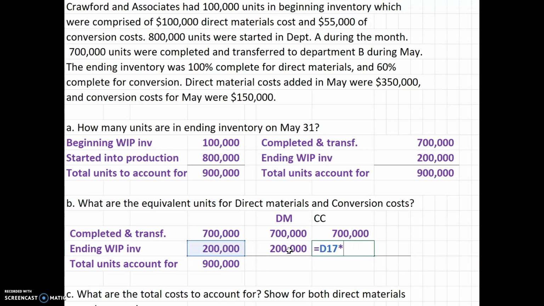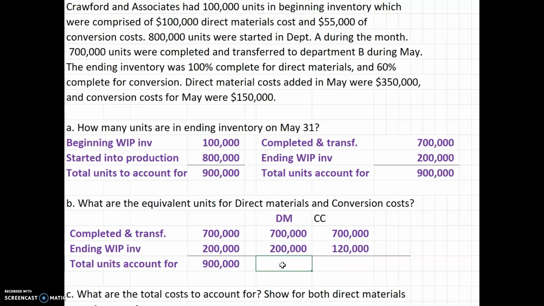And for conversion costs, we're told they're 60% complete. So we take the 200,000 times 60%. And so if we put together those 200,000 partially completed units, we'd have 120,000 fully completed units. 120,000 is our equivalent units.